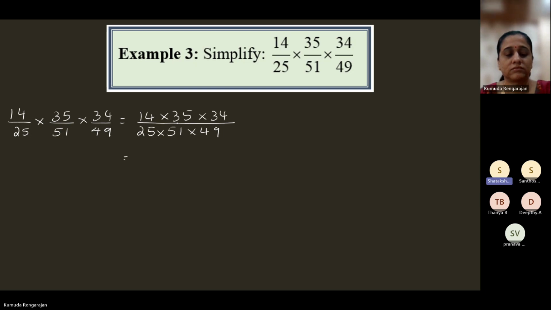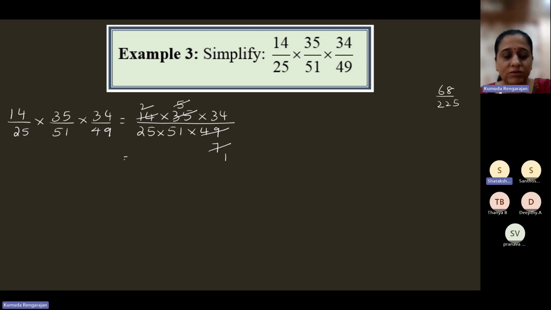Ma'am, is it 68 by 225? You've got 68 by 225, is it? Yes, ma'am. All right. So 14 from the numerator, 49 from the denominator: 7 twos are 14, 7 sevens are 49. 35 from the numerator, 7 from the denominator: 7 fives are 35, 7 ones are 7.